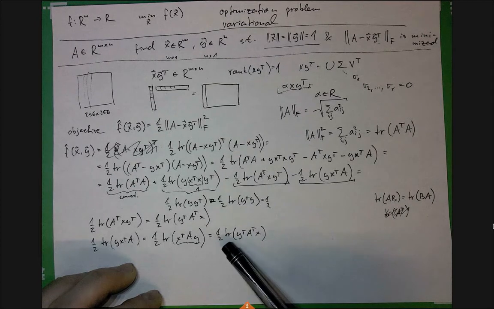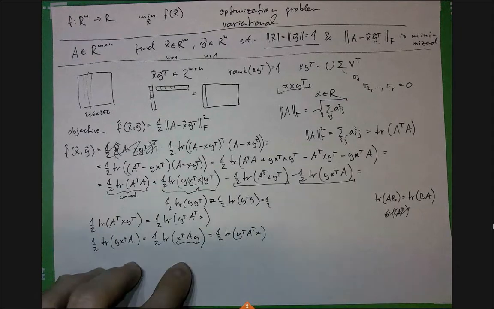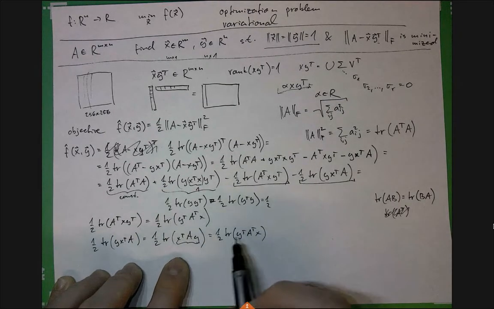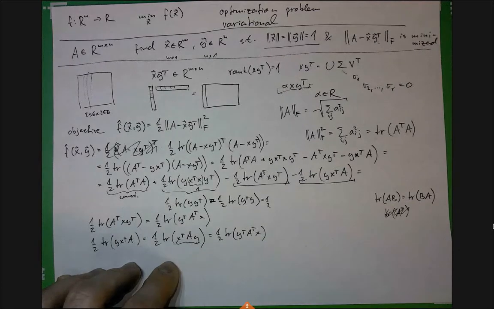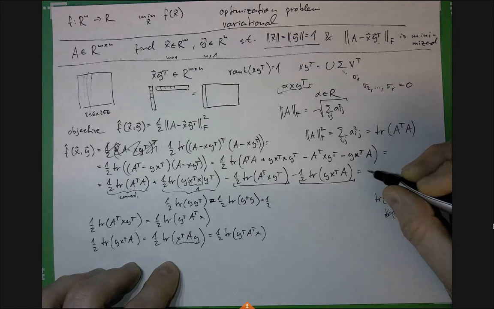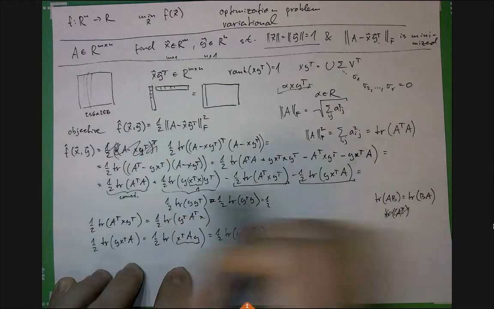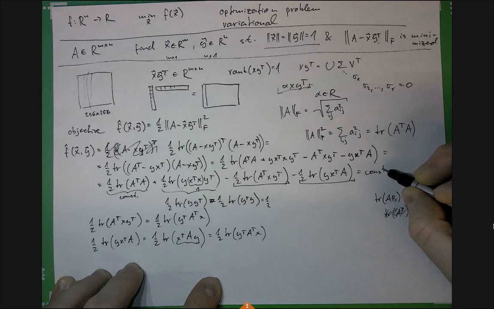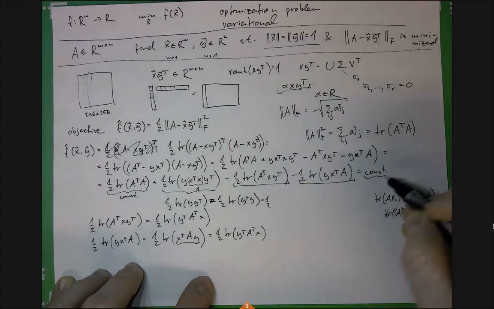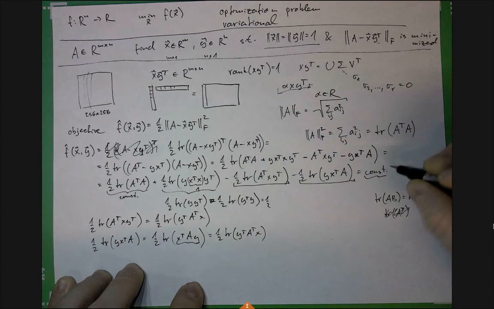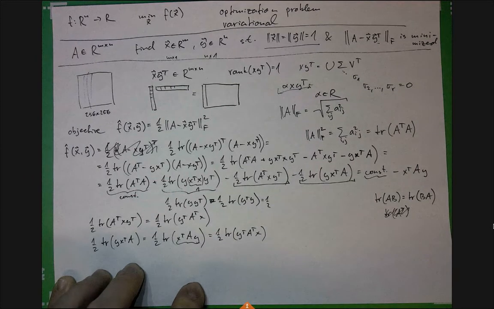And there you start seeing the reason for the 1/2 or another. Maybe this was actually the reason, not the derivative, that it disappears here already. These two terms are exactly the same. That's the point. And let me write it. So if I put all this together, I can write this as some constant, something that does not depend on y or x, minus xta y, right?